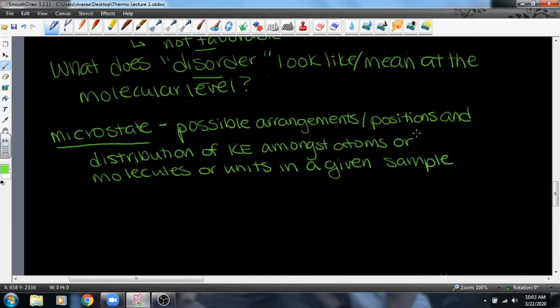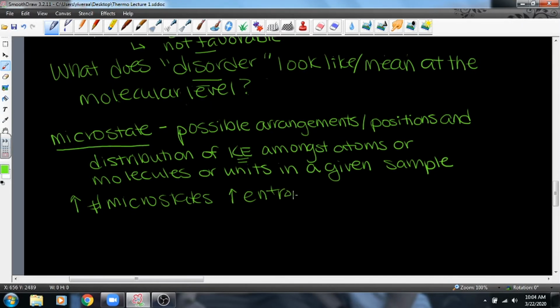So these possible arrangements and positions and distributions of kinetic energy amongst atoms in a sample are called microstates. And the more microstates you have, the more disorder you have. So if you have an increase in your number of microstates, you have an increase in entropy.